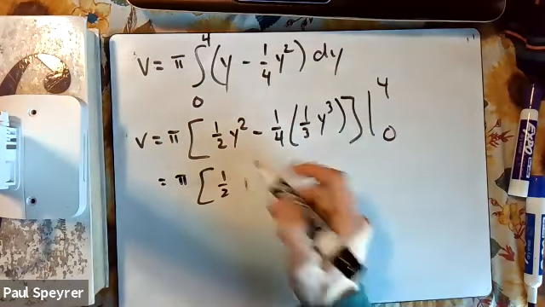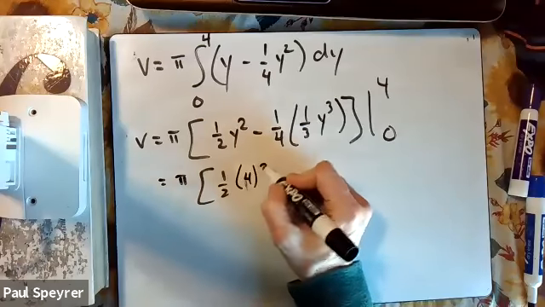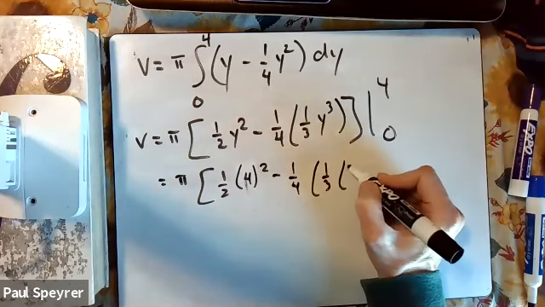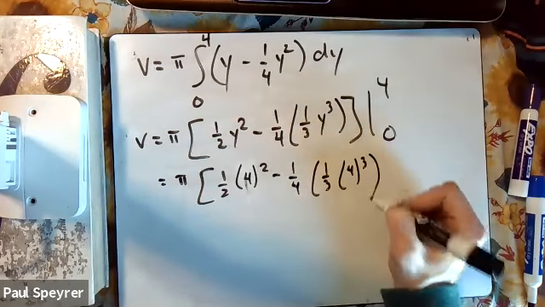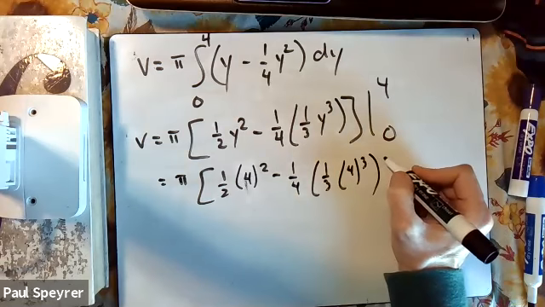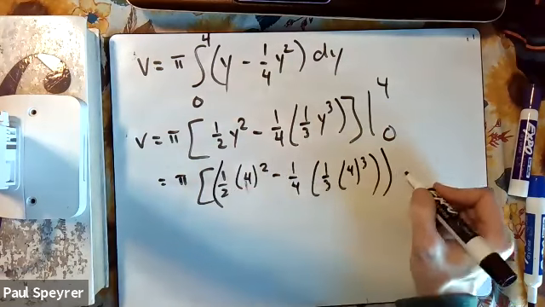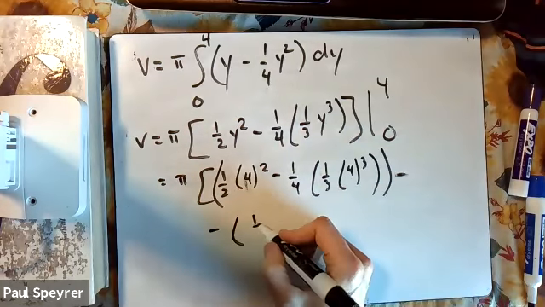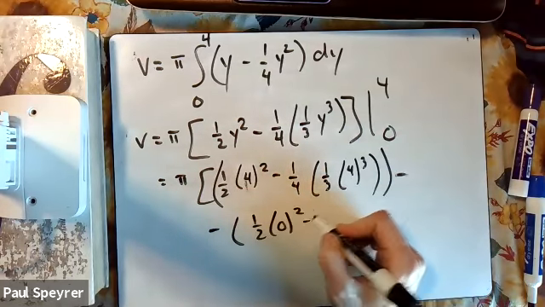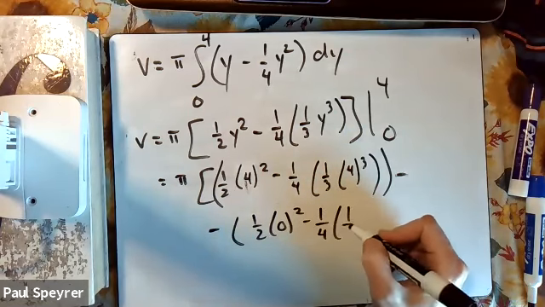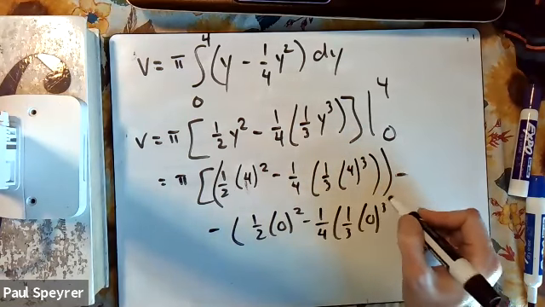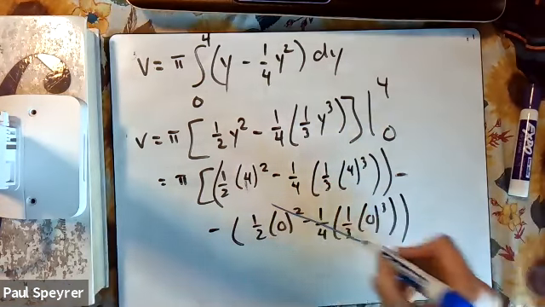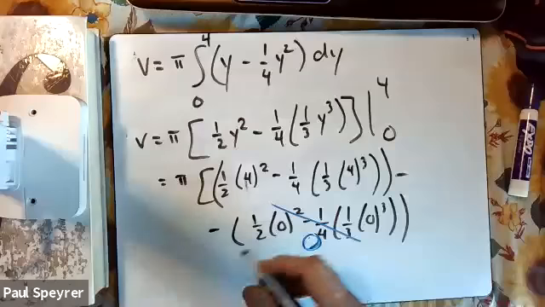I'll say 1/2 and then 4 squared minus 1/4 and then 1/3 4 cubed, minus the bottom limit. So this all zeroes out, right? But I'll fill it in like this. So we know that this all goes to, that's just a big fat 0 right there.